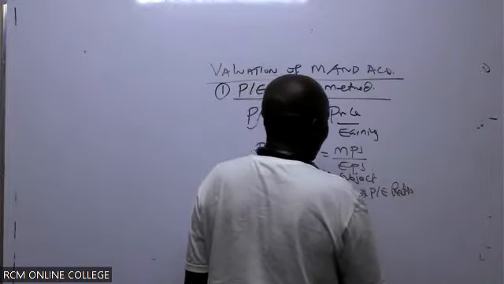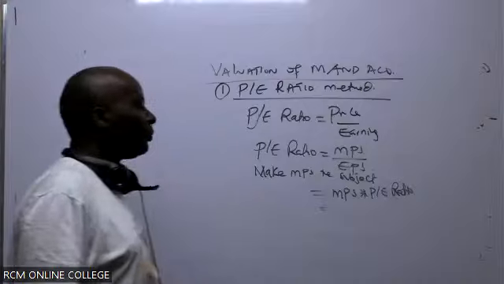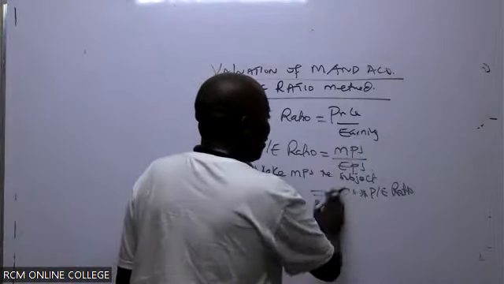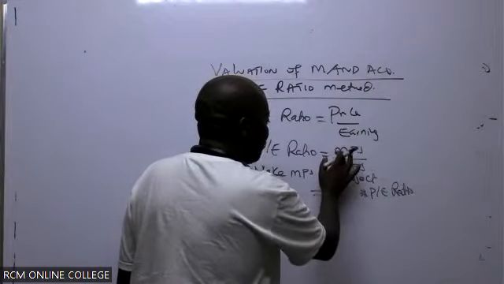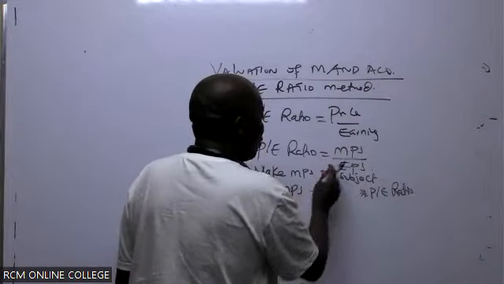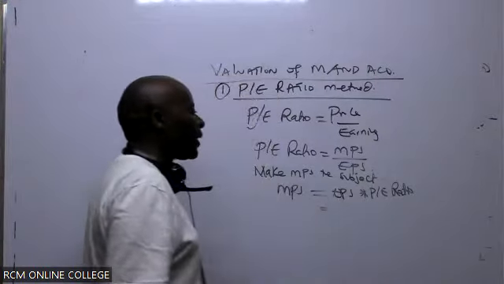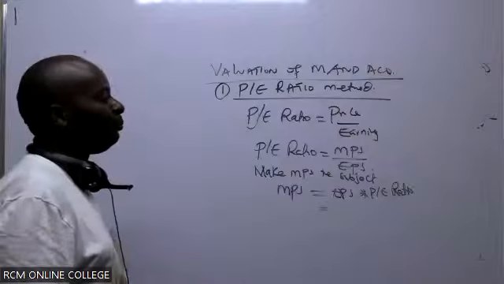If you make MPS the subject, it should be left alone. So MPS will be equal to EPS times PE ratio.